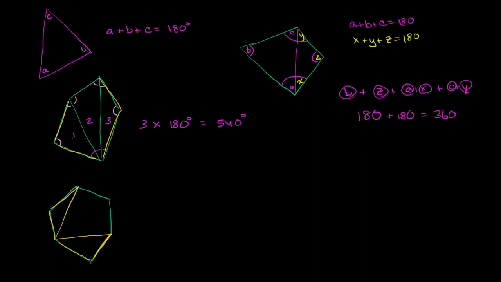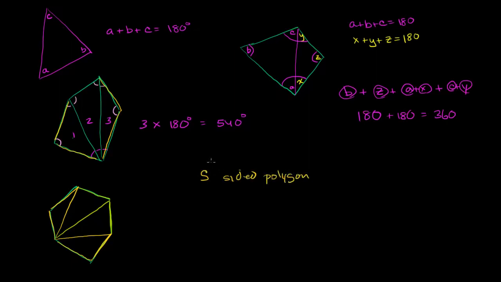And it looks like I can get another triangle out of each of the remaining sides. So 1 out of that one, and then 1 out of that one right over there. So in general, it seems like let's say that I have an s-sided polygon.